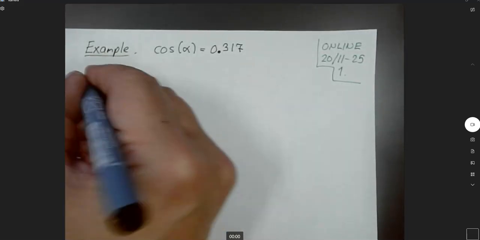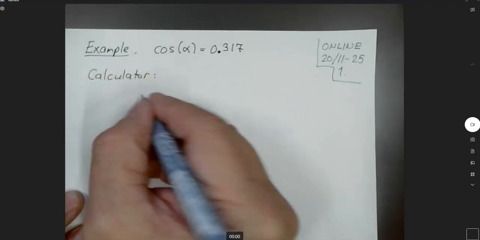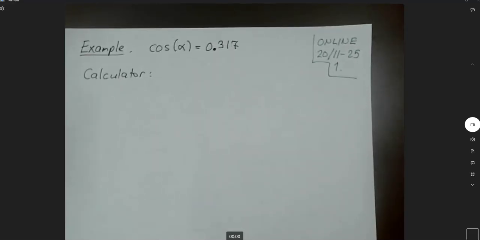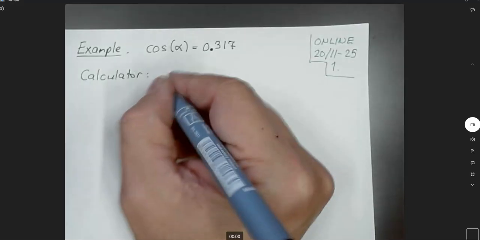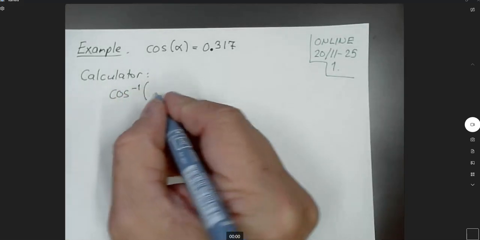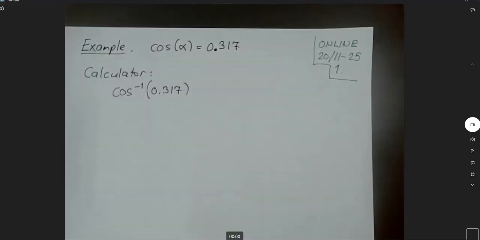Solution. First, a calculator or Excel or another program that can use cosines or trigonometric functions. We will check what is cosine minus 1, or inverse cosine, of this number.